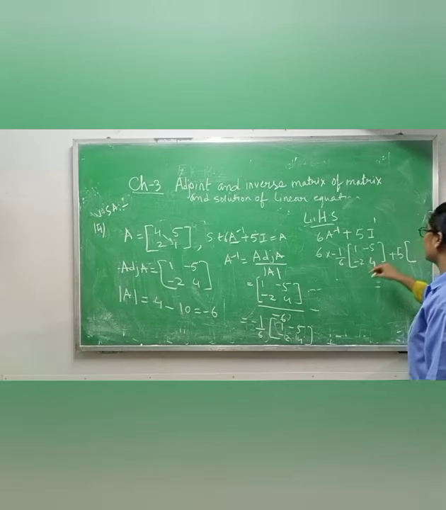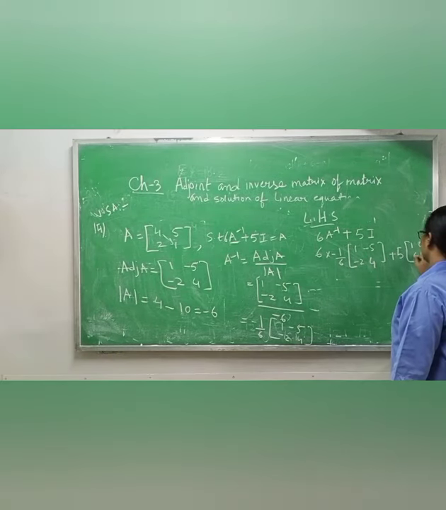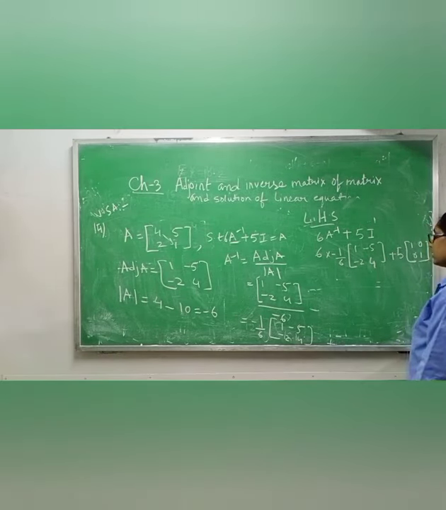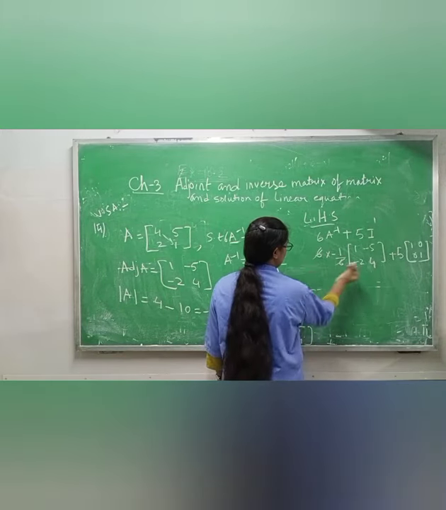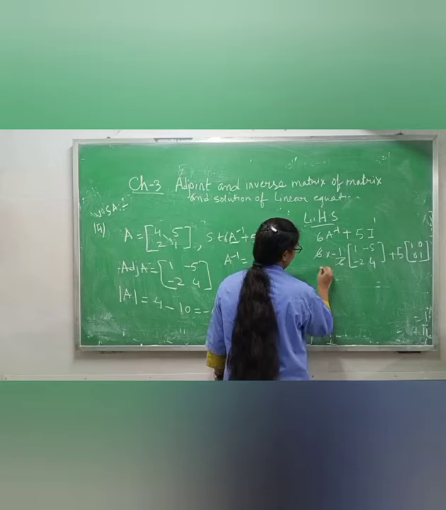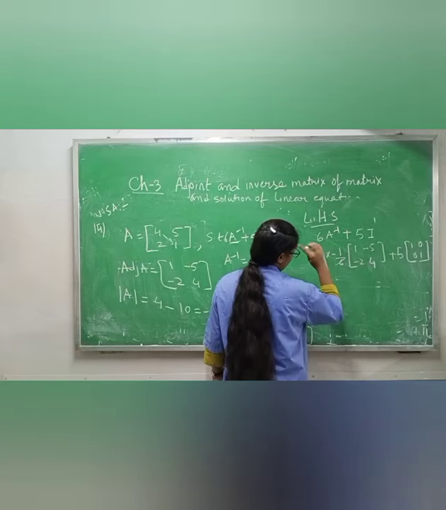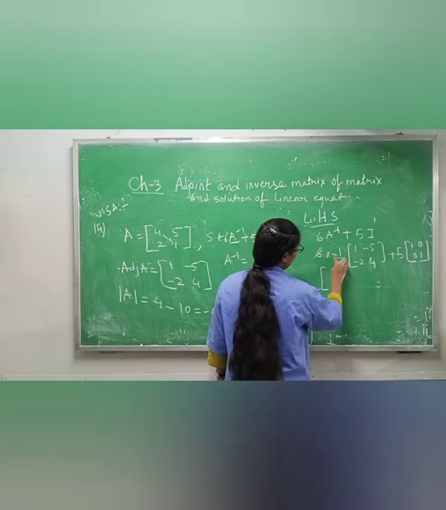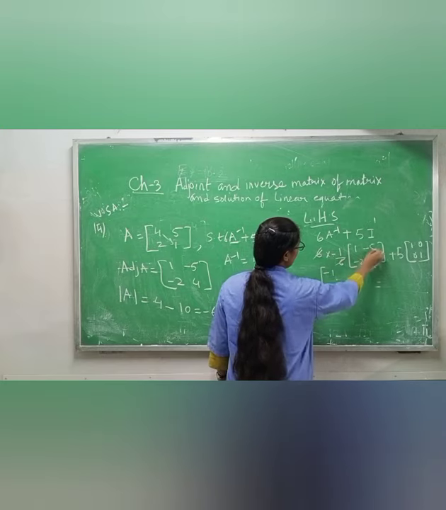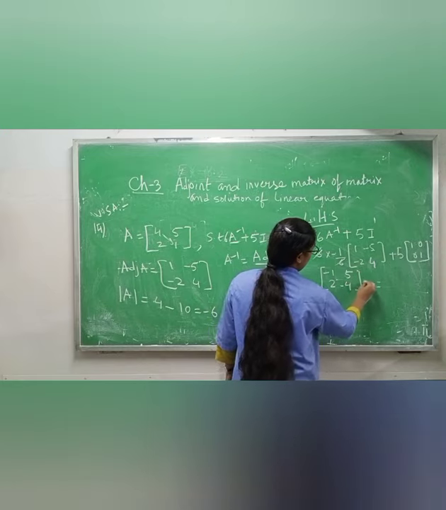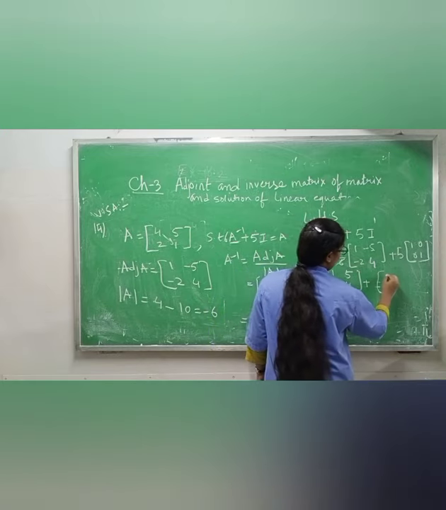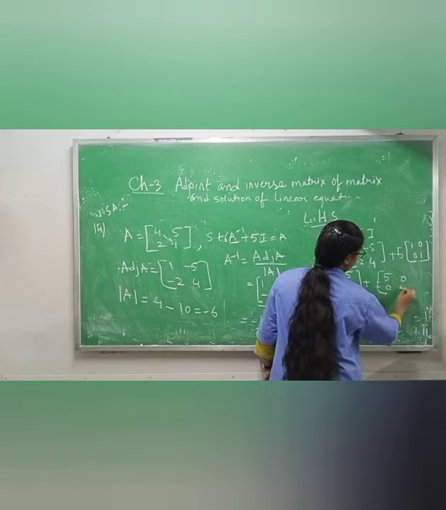Because we are using 2 into 2 only. Means 1 1 0 0 we have to give as an identity matrix. Now what will happen? This 6 we can cancel out, and this minus sign will go here. How much will it come? Minus 1 into 1 is minus 1, minus 1 into minus 5, minus 1 into 2 is minus 2, minus 1 into 4 is minus 4, and this 5 will multiply, 5 0 0 5.